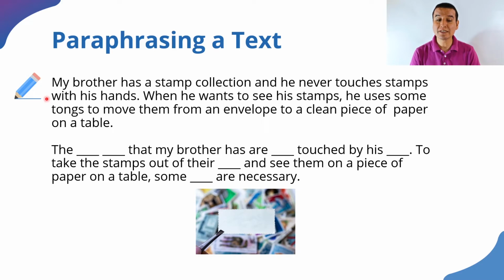When he wants to see his stamps, he uses some tongs, some special instruments that replace our fingers, some special tongs to move them from one envelope to a clean piece of paper on a table. All right, to bring them from the envelope to the table.